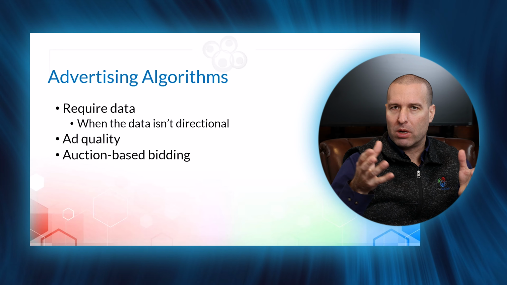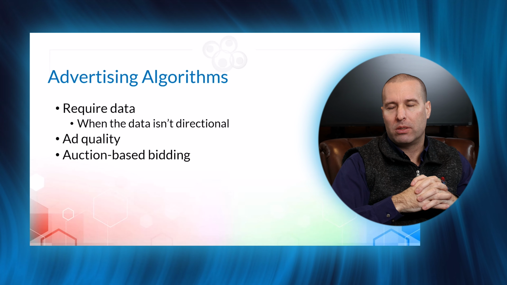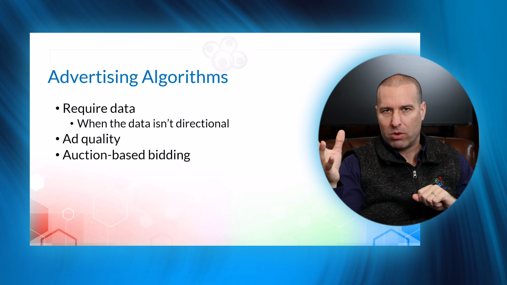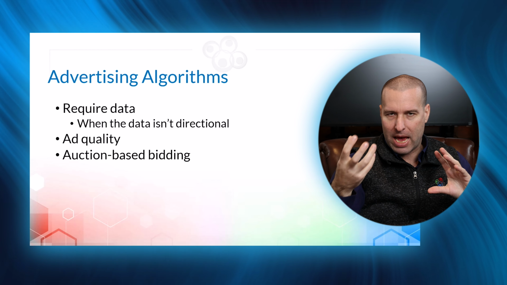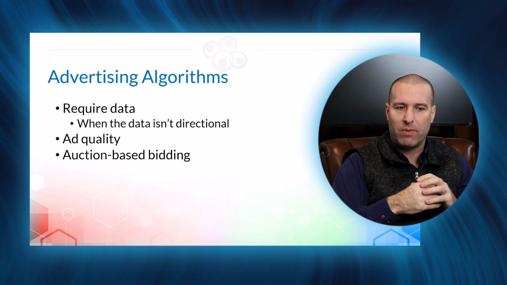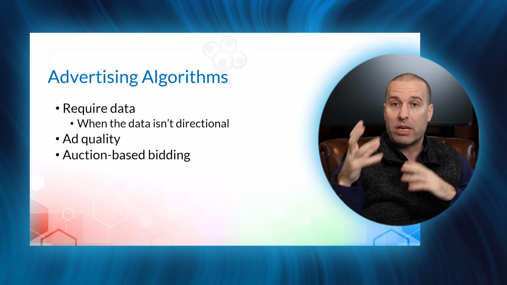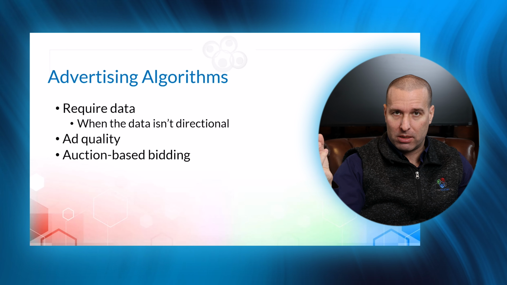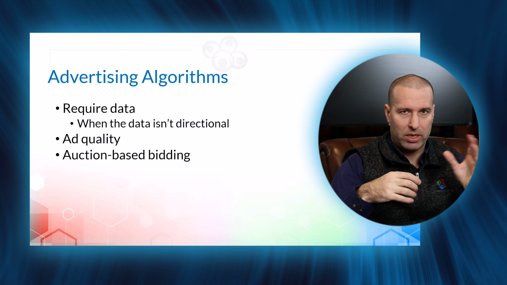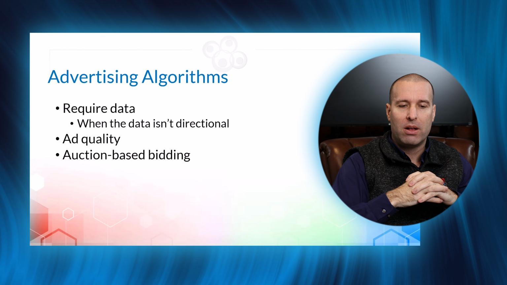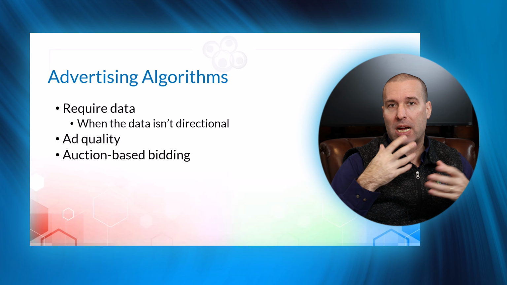These all perform on what's called auction-based bidding. Basically it takes your ad quality score, the intent of the user, and the likelihood that this ad is a match for that particular user. Then it takes all the other advertisers that are trying to target that same audience demographic, whether that's locations or interest or age or whatever, and then there's a bidding process.